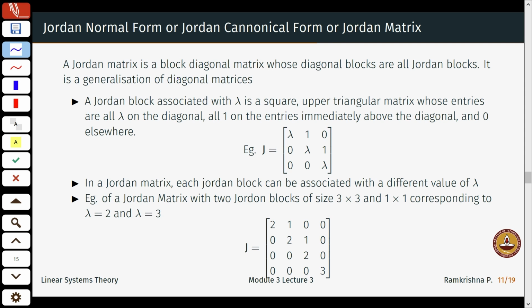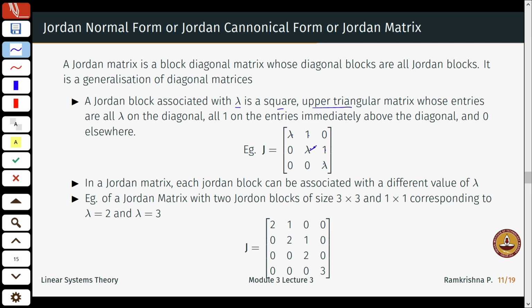A Jordan matrix is a block diagonal matrix whose diagonal blocks are all Jordan blocks. What is a Jordan block? Let us say I have an eigenvalue lambda. The Jordan block associated with lambda is always a square upper triangular matrix whose entries are all lambda on the diagonal, with the entries 1 immediately above the diagonal.